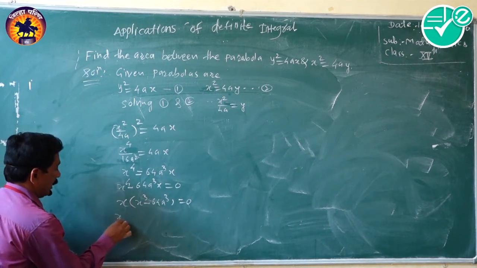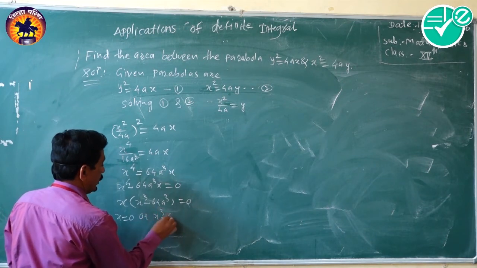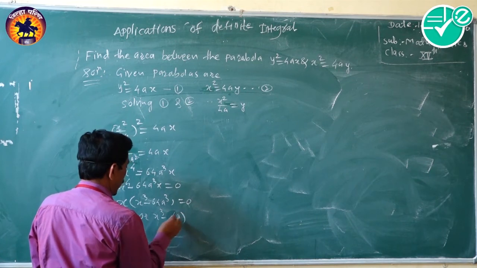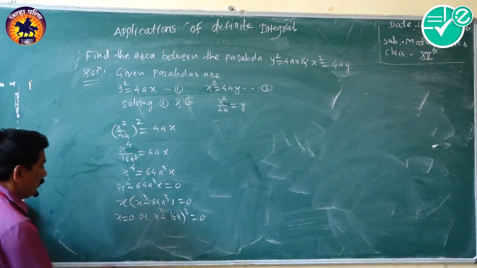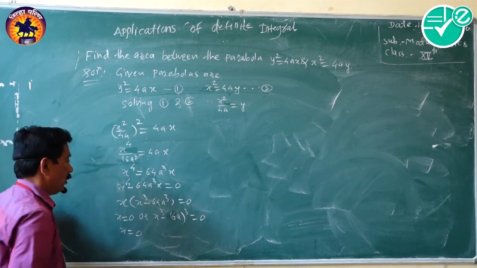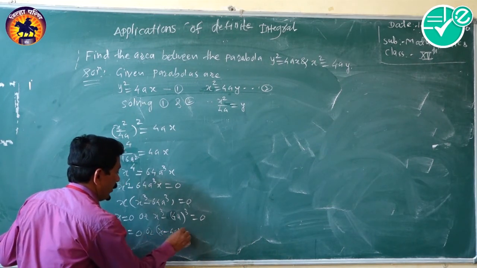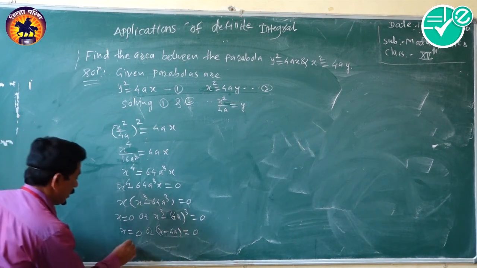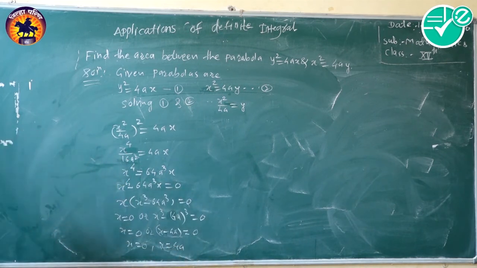That means that x is equals to 0, or x cube minus 4a cube is equals to 0. Therefore we have x is equals to 0, or x minus 4a is equals to 0, and we have 2 points, that is x is equals to 0 and x is equals to 4a.